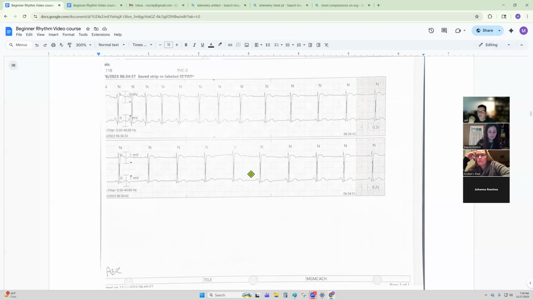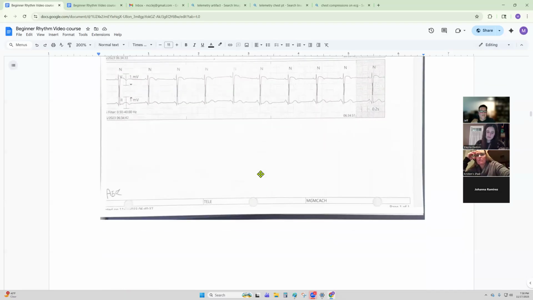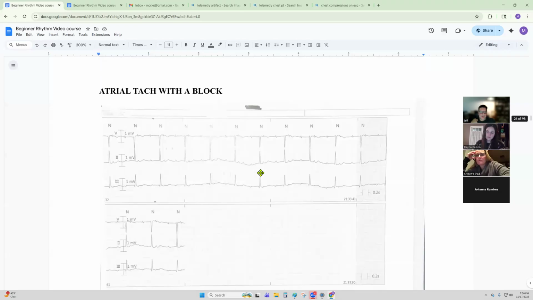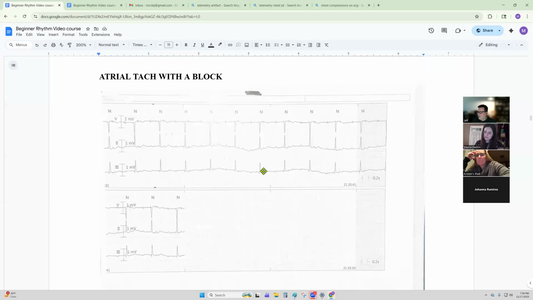So SVT, supraventricular tachycardia, right? You have a sudden onset of narrow QRS tachycardia. And with atrial tach or PAT, you're going to see a different P wave, sudden onset, above 100.